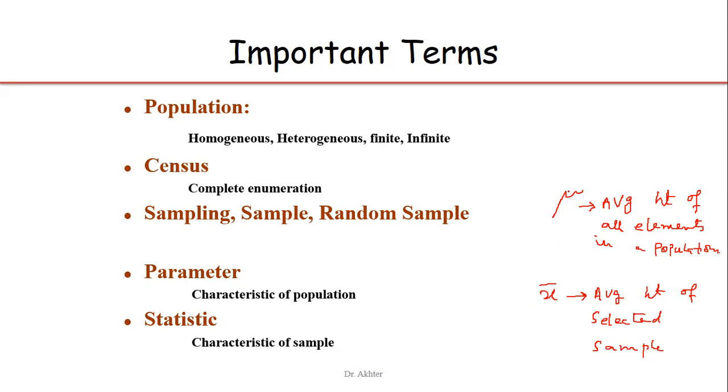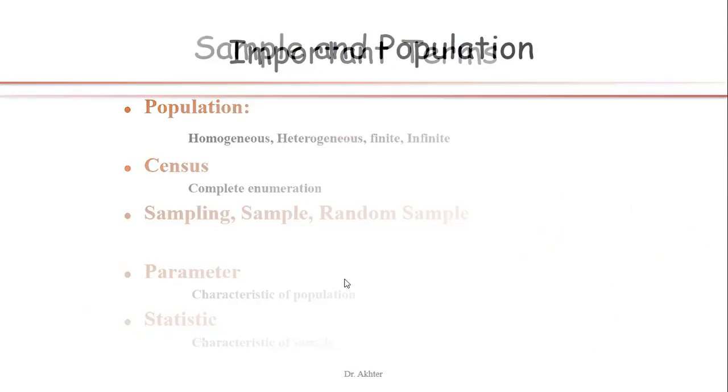Mu is unknown, and we have to infer about the population parameter mu by using the statistic. This is called inferential statistics or predictive statistics. So by using the characteristic of the sample, we infer about the population parameter.